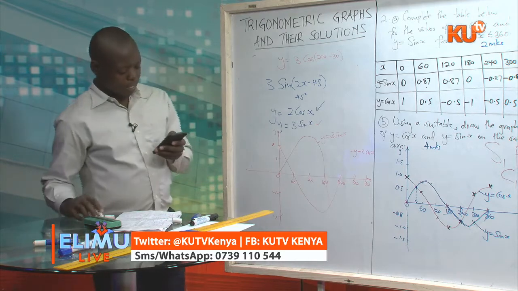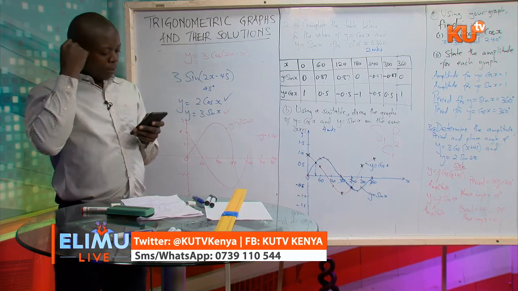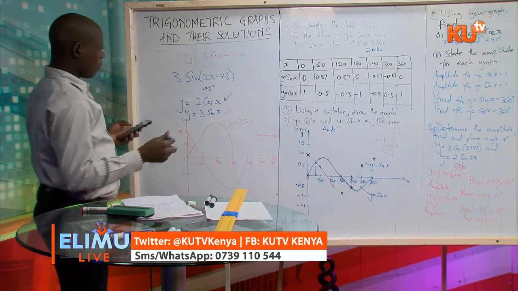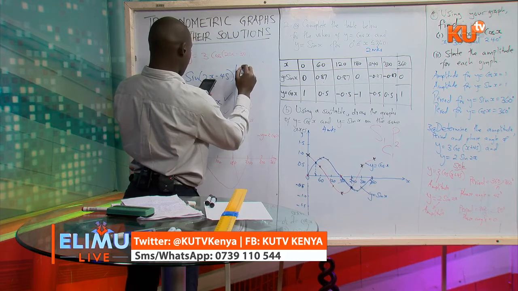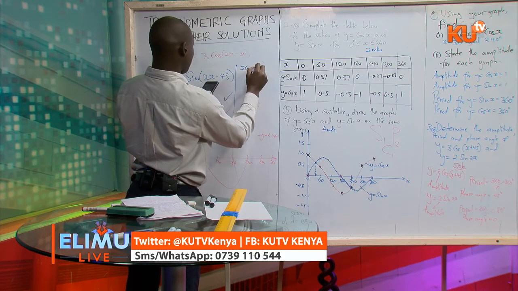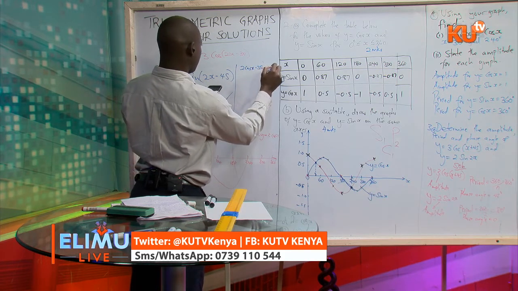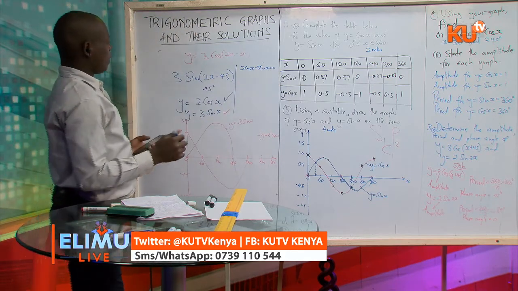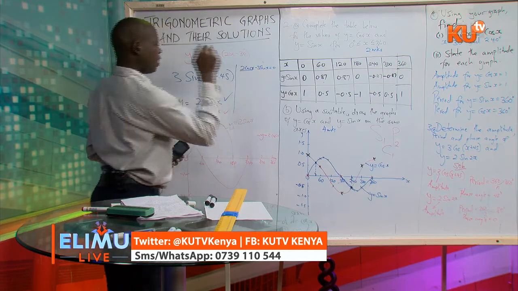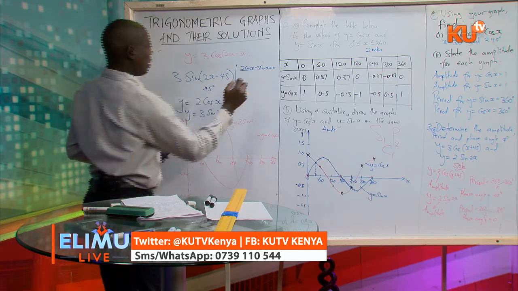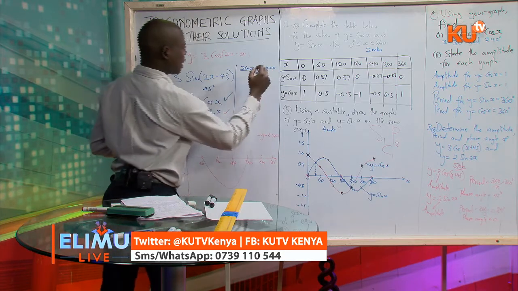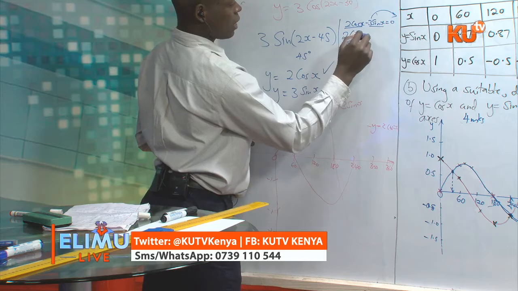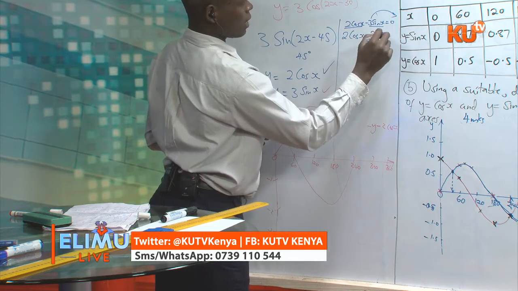And so what the student is asking is, you are told to solve 2 cos x minus 3 sine x is equal to 0. Now what you do is, this graph has already been drawn. Same to this graph. So if I take this to the right-hand side, then I will have 2 cos x is equal to 3 sine x.